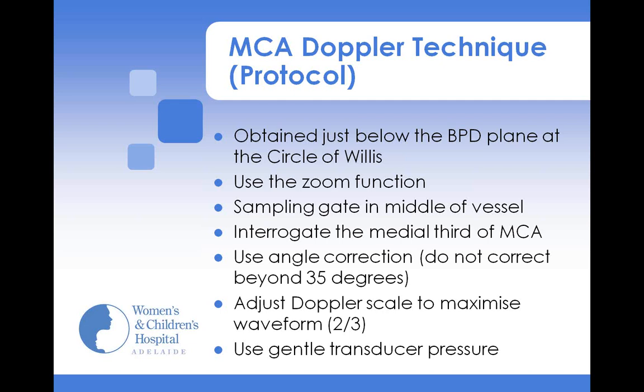Use angle correction, and we don't correct beyond 35 degrees, as the measurement can become quite inaccurate. Adjust the Doppler scale to maximize the waveform, and we try to use gentle transducer pressure, and I'll touch on that a bit later.